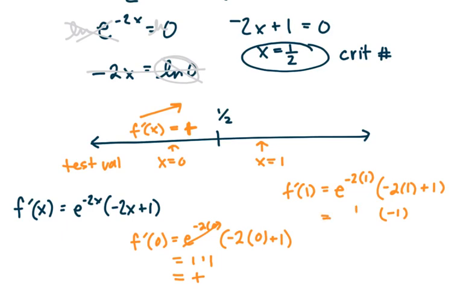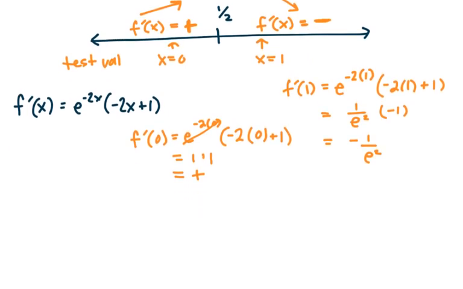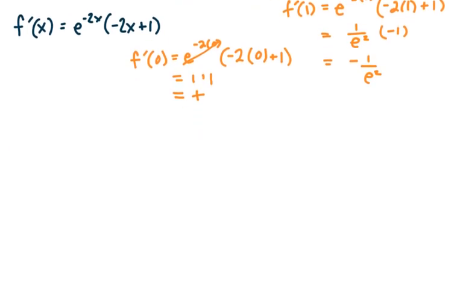And that is 1 over e squared. So I've got essentially negative 1 over e squared, which is a negative value. F prime of x, my derivative is negative on this part of the interval. So that means it is decreasing. Okay? So now that looks a little messy because of my scratch work.